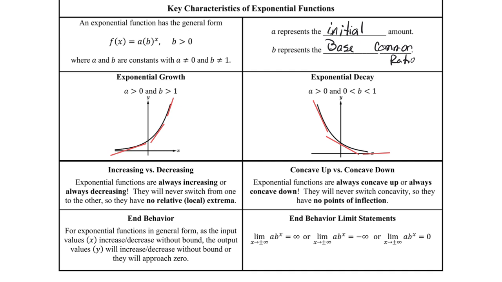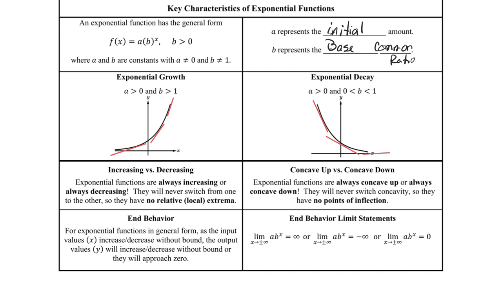On the exponential growth, notice that they are getting steeper and steeper in the positive direction, which means they are increasing. On the exponential decay, they start out really steep negative and then get shallower, which also means they're increasing. So in this case, they are both concave up, but they could be concave down if our a was negative and they went the other direction. They'll never have both concave up and concave down because they only do one thing.